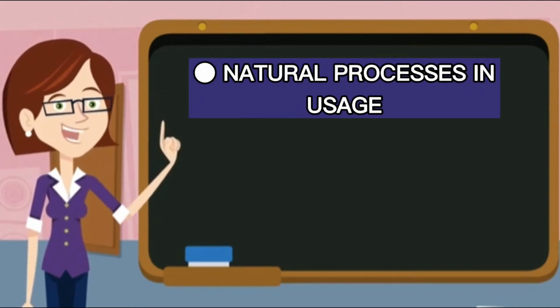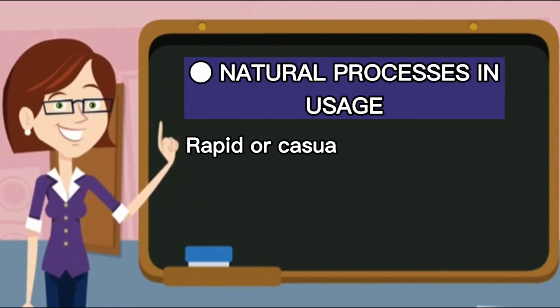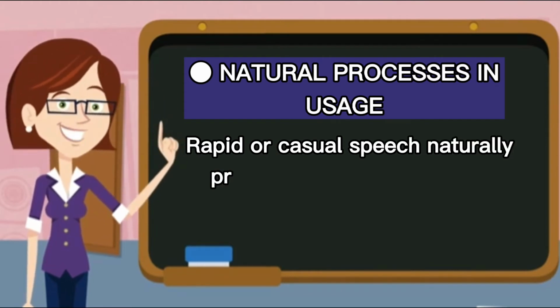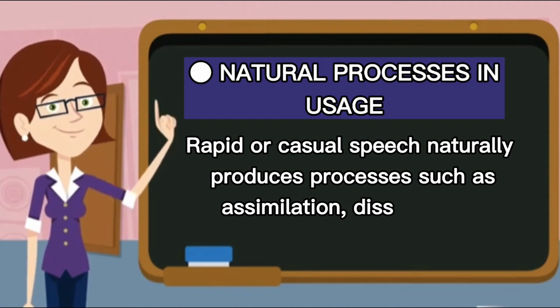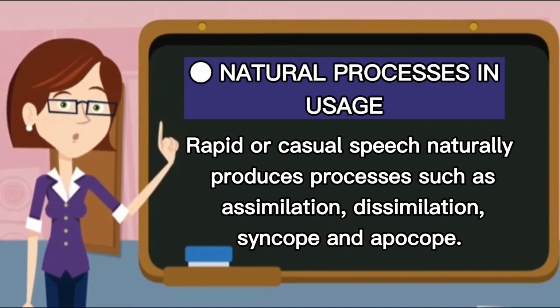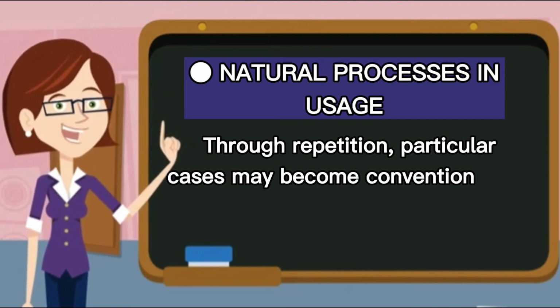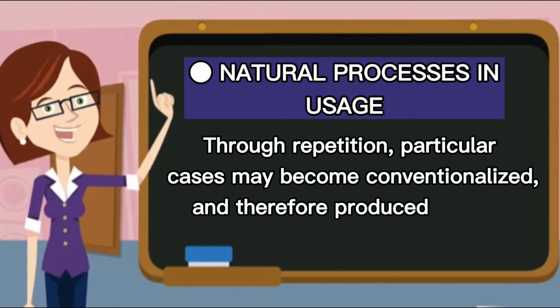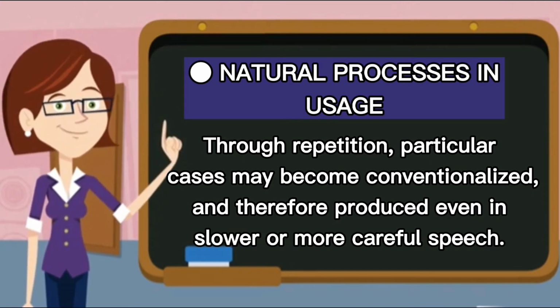And the last is natural processes in usage. Rapid or casual speech naturally produces processes such as assimilation, dissimilation, syncope, and apocope. Through repetition, particular cases may become conventionalized and therefore occur even in slower or more careful speech.